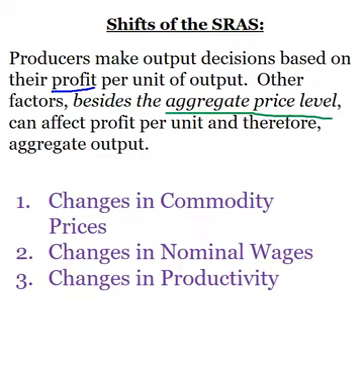Any of those things are telling you that the overall price level changed, so all of those are non-shifters. These three things below are the shifters. Changes in commodity prices, changes in nominal wages, and changes in productivity will impact profit per unit and shift the entire SRAS curve.